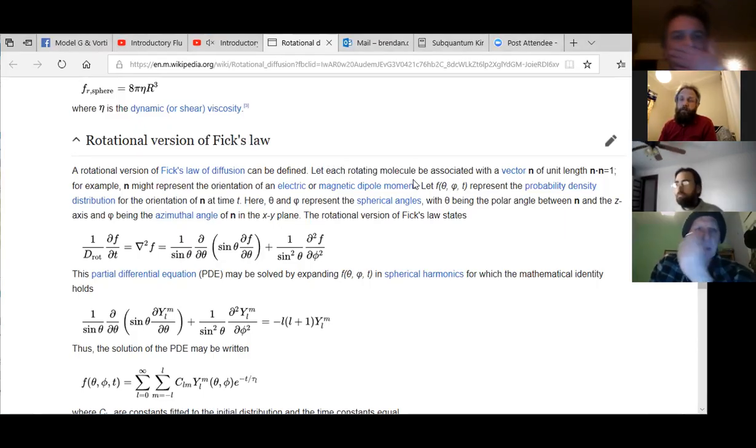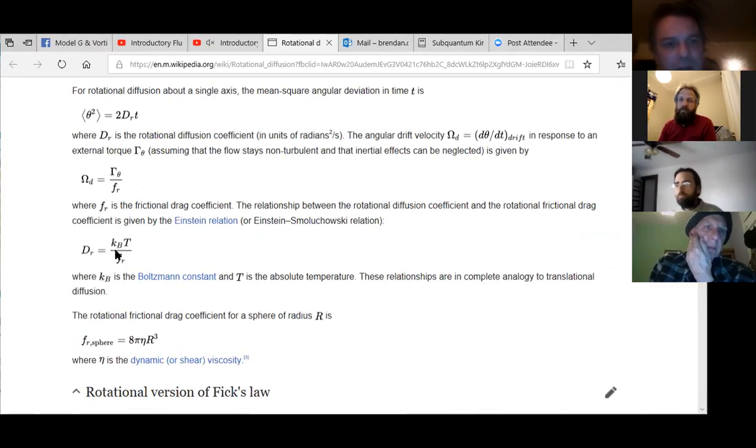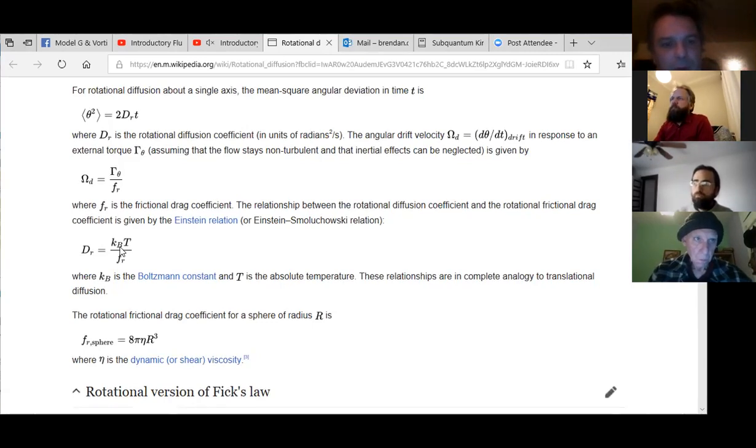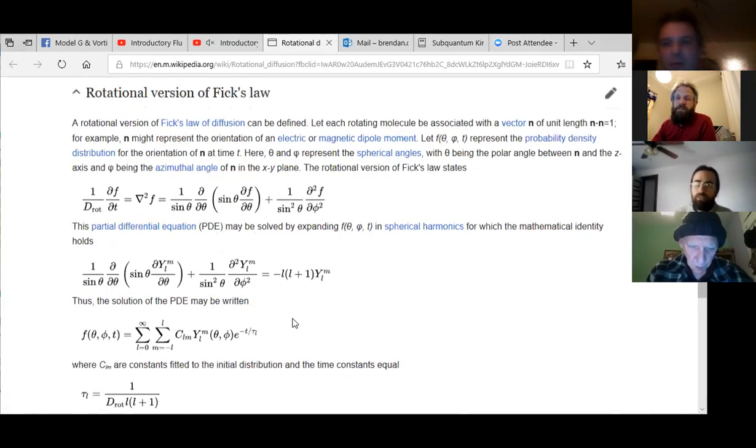So this was the other basic rotational diffusion, but you can see they involve temperature and the Maxwell-Boltzmann constant there. So that's involving temperature. This one here, with Fick's law, you don't have to involve temperature. That's nice.